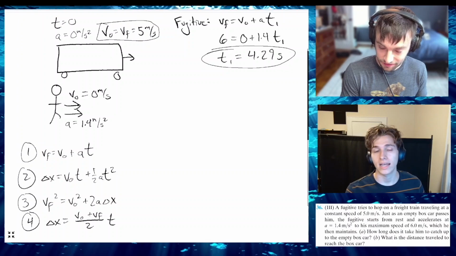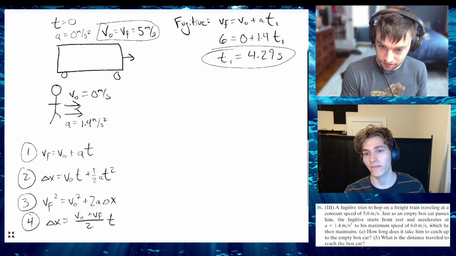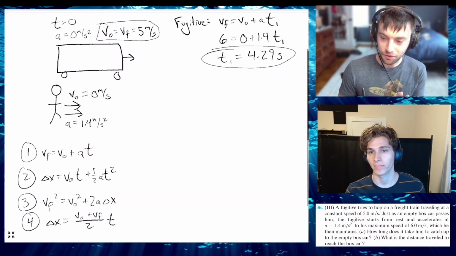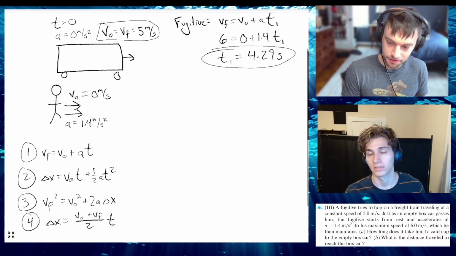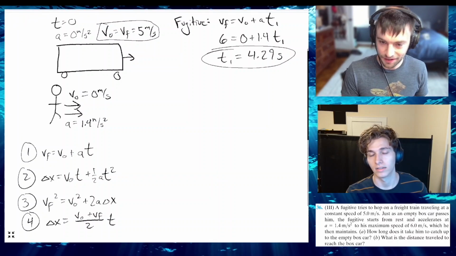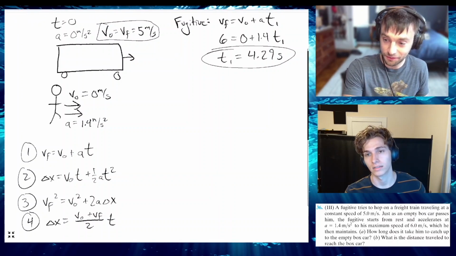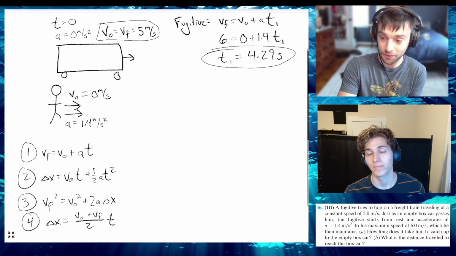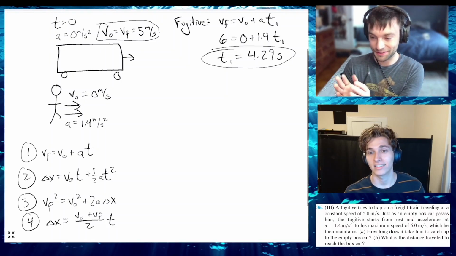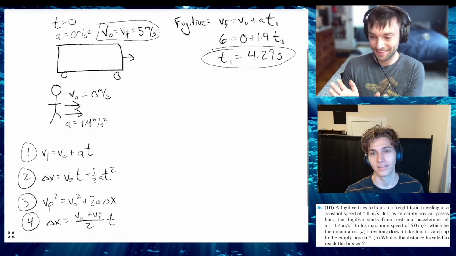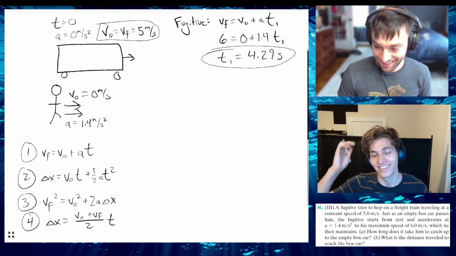Oh, so what you're saying is that now he's moving 1 meter per second faster than the train. And that's how we'll know when he's caught up: the train is going plus 5, plus 5, plus 5, and then he will accelerate to this rate of 6 to the point where he'll eventually catch up with them when we add this all together. Exactly. It's tricky. Yes, it's tricky. Good call.